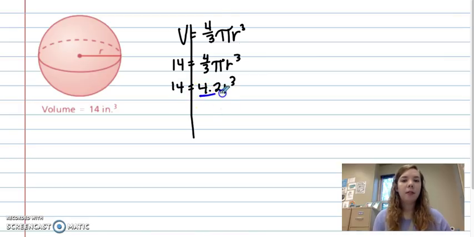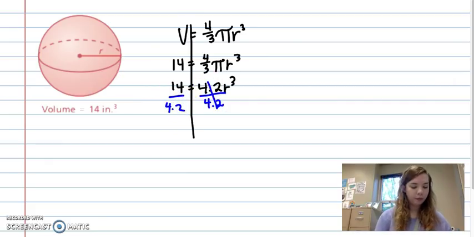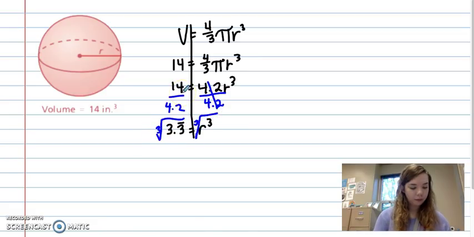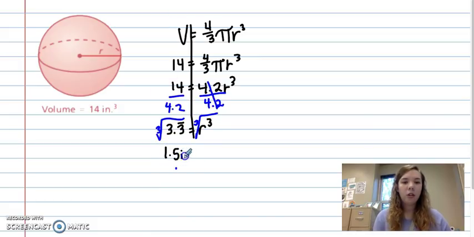So now I'm going to divide both sides by 4.2. That is 3.3 repeating. And then my last step is to cube root that. And I get 1.49, so that would round up to 1.5 inches is approximately your radius.